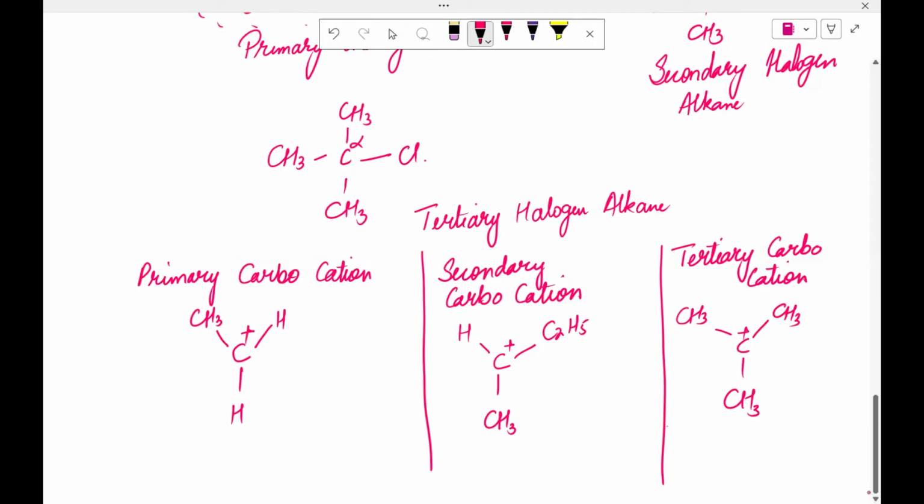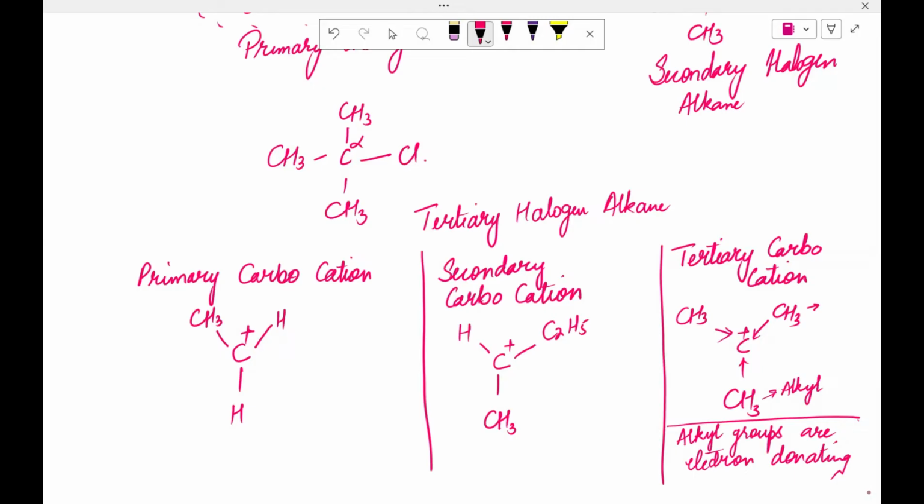I have told you before that alkyl groups are electron donating. They tend to give their electrons to this carbon, which makes this carbon more stable.